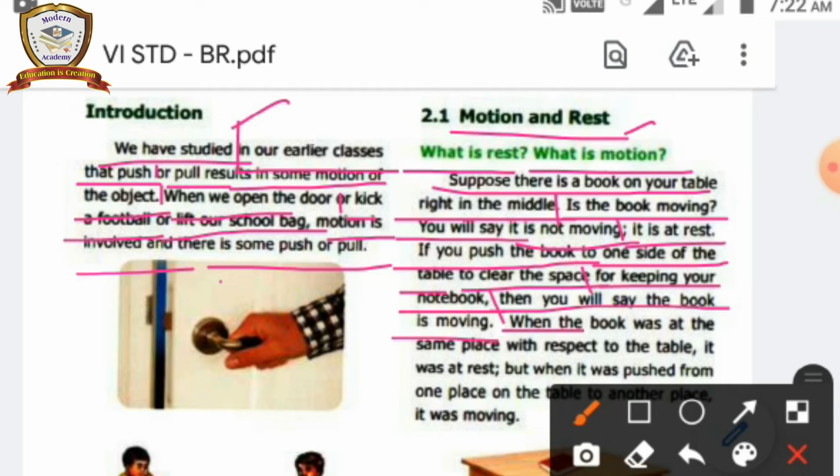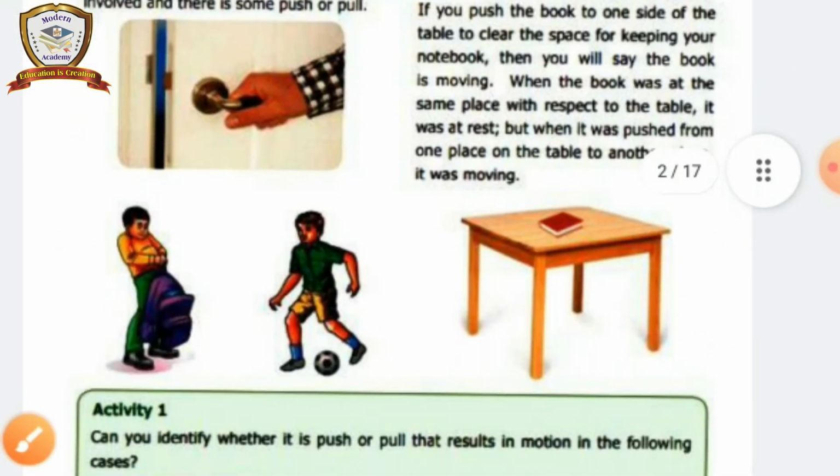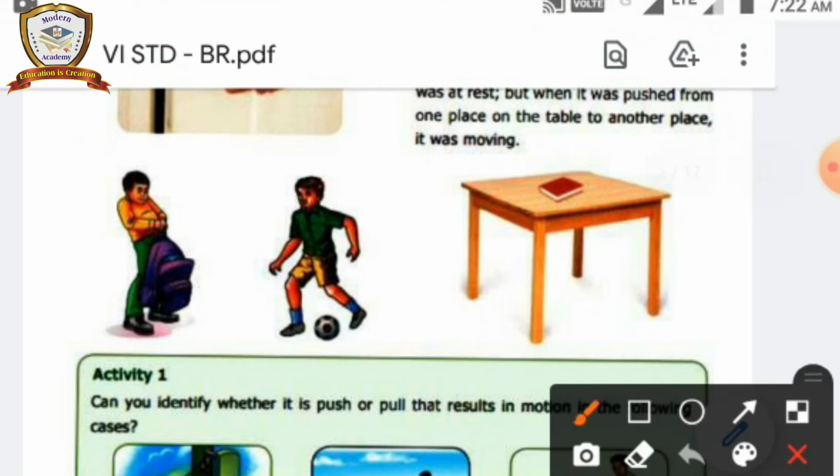When the book was at the same place with respect to the table, it was at rest. But when it was pushed from one place on the table to another place, it was moving.